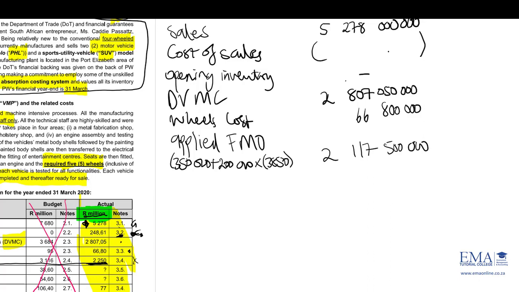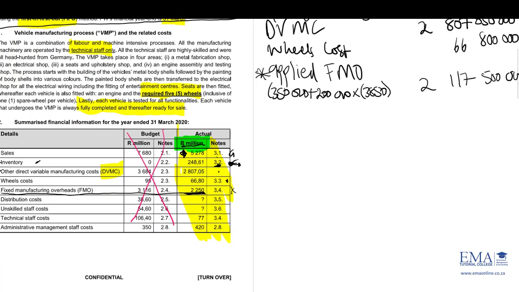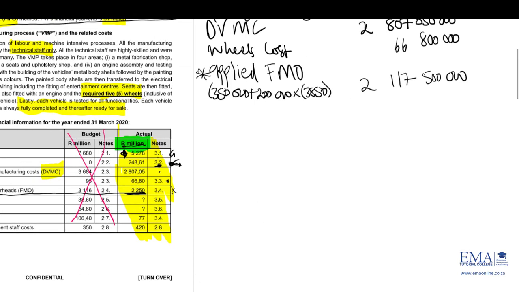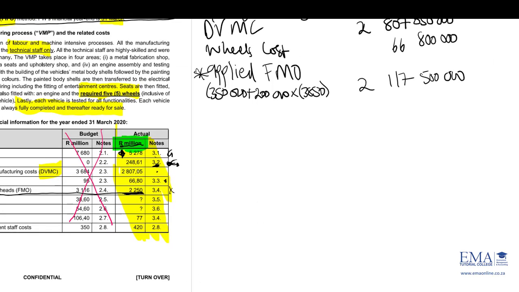I'll show you how the absorption rate is calculated at the end of this session, and how the principle of applied works. But for now, just know that when you're doing an absorption costing statement, which is an actual statement, you must use the applied manufacturing overheads. You must not take the given actual manufacturing overheads, but you must take the what? The applied fixed manufacturing overheads. I'll explain the whole principle at the end of this session.